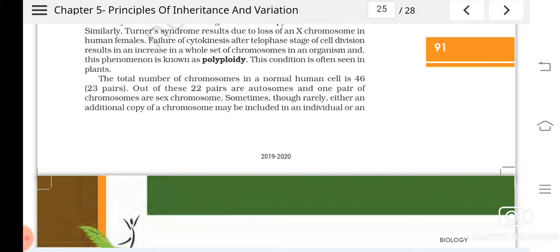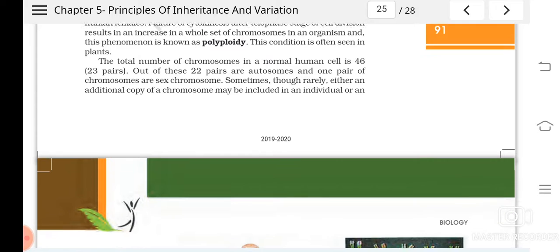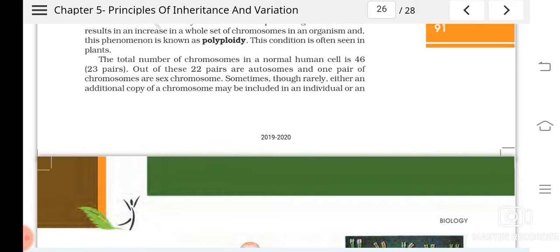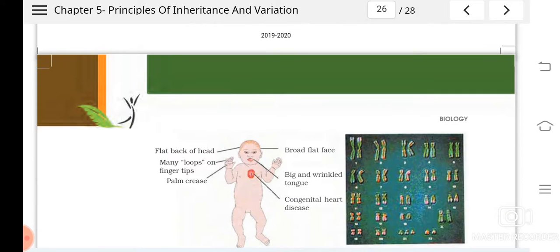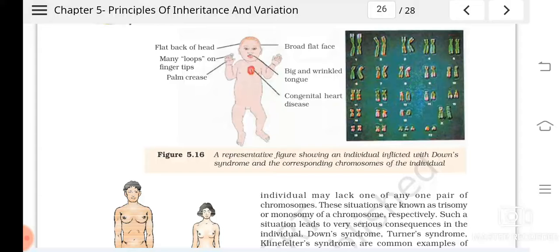Which are chromosomes which determine the somatic characters, and sex chromosomes are concerned with determining the sexual characters. Okay, so if a copy of a chromosome is extra, then that condition is known as trisomy.